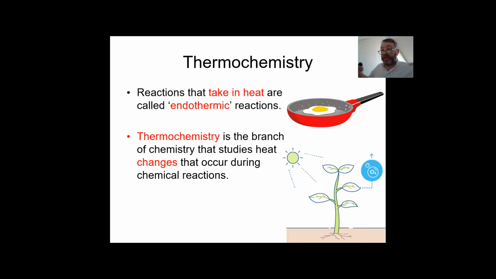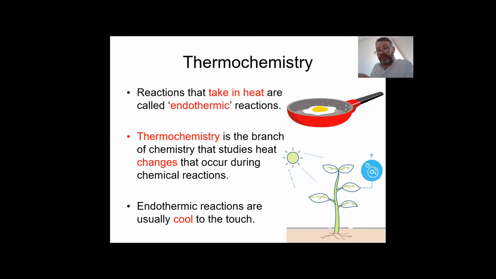So exothermic is when a reaction gives out heat. Endothermic is when it takes it in order to bring about some type of chemical change. If exothermic reactions are hot to the touch, then endothermic reactions will normally be cool to the touch. One very popular endothermic reaction that some of you never thought was an endothermic reaction is sherbet. You know, the fizzy powder.